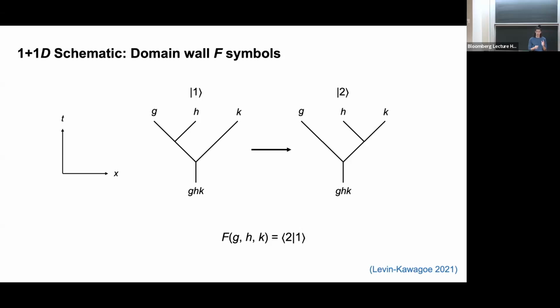But there's a subtlety: if one is not sufficiently careful, the F symbol one gets will have some non-universal contributions to the Berry phase, which renders it physically meaningless. To get something meaningful, we have to be very careful about exactly what we do. So I will describe a very careful procedure which isolates the universal contribution.